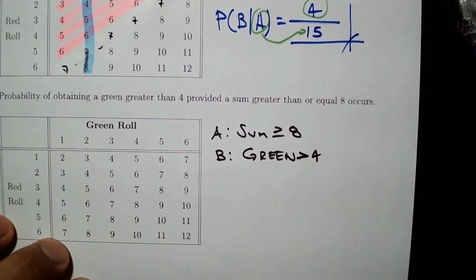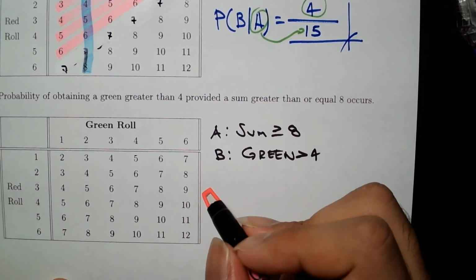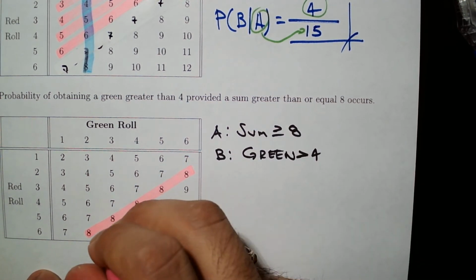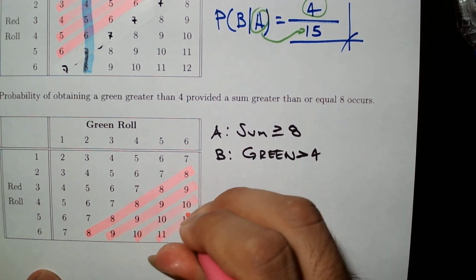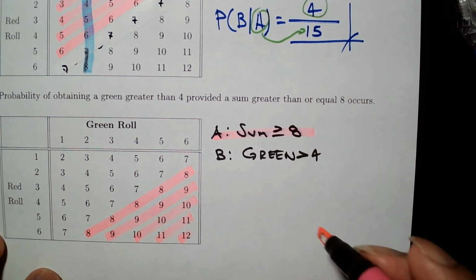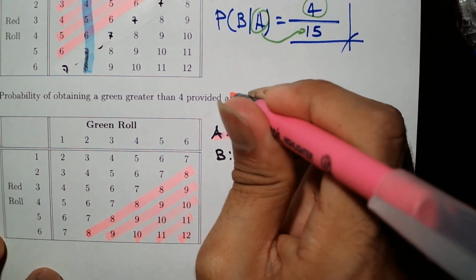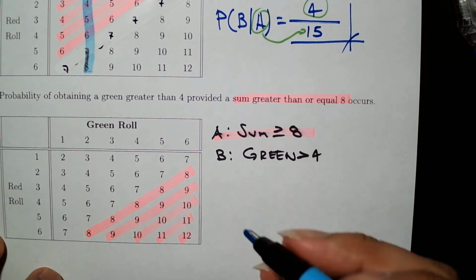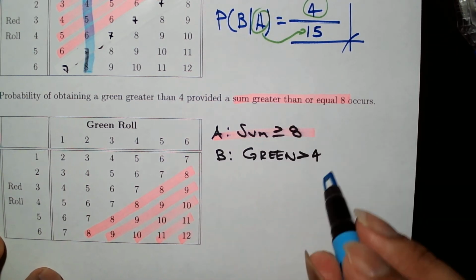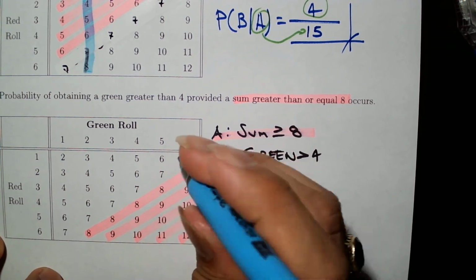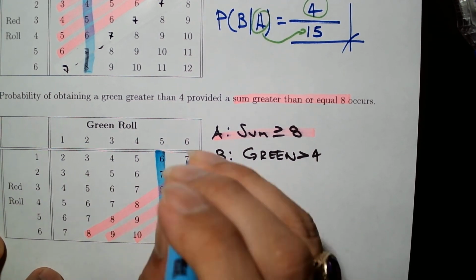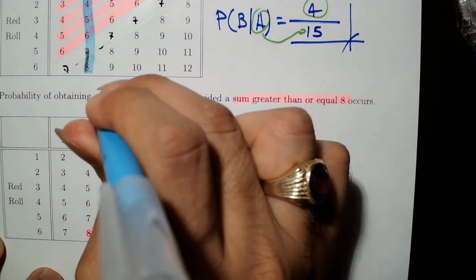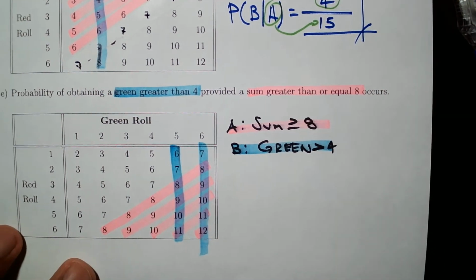So let's highlight sum greater than or equal to 8. So the sum is 8 or greater. That's our first event. On the other hand, green greater than 4, not 4 only, 5 and 6. Let's highlight that. Green greater than 4.